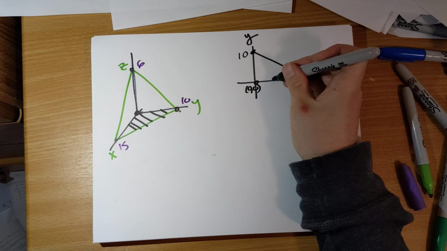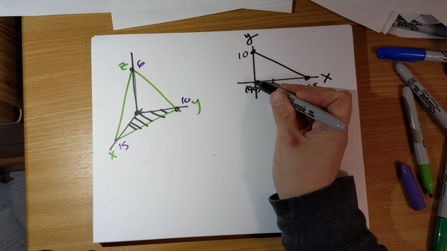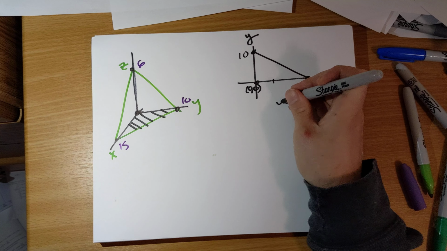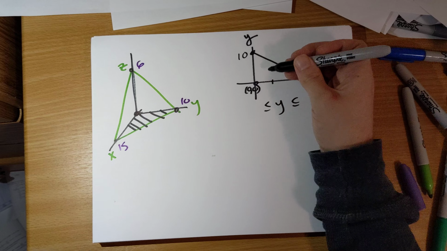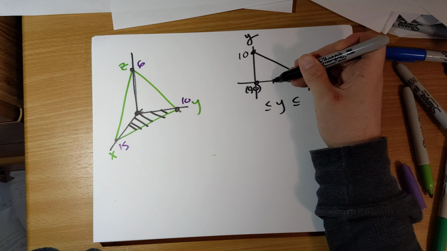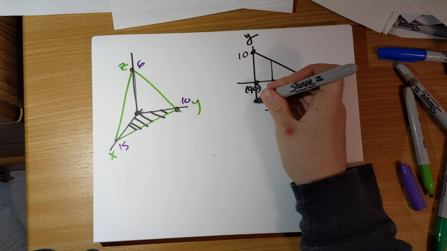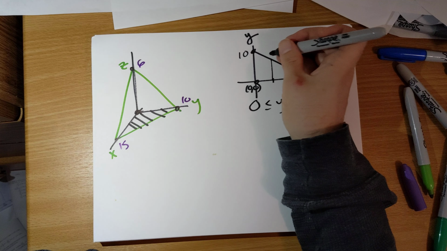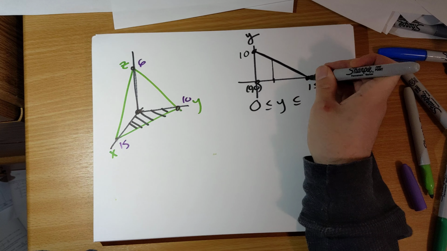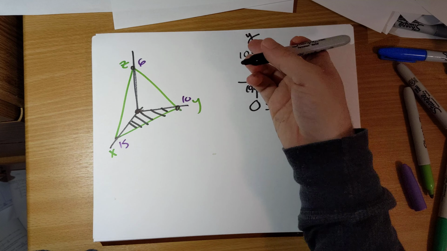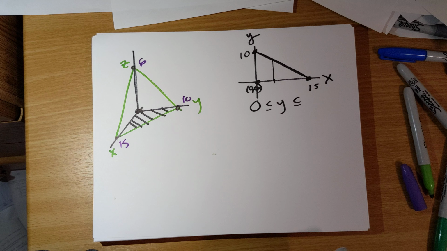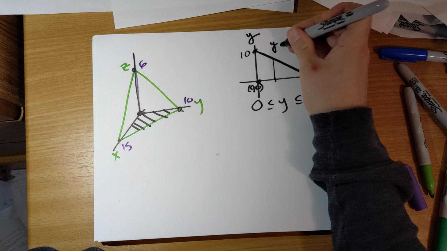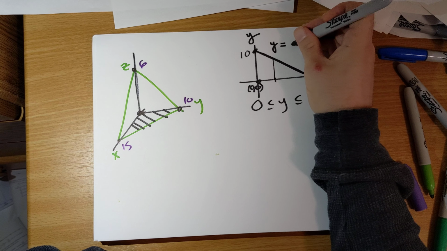So for a fixed value of x, and once again we can see here x runs from 0 to 15, what can we tell about y? Y runs from 0 up to this straight line. So we need to figure out an equation y in terms of x for this line. We can do this in y is equal to mx plus b form.